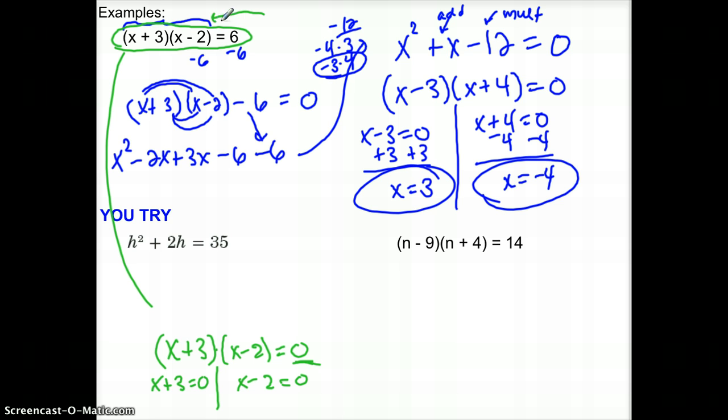You cannot do that up here because to multiply two things to equal 6, it doesn't work like that. You don't have one of them equal to 6 unless the other one equals 1. So that is why you need to move it all equal to 0. That is why you cannot just say x plus 3 equals 6 and x minus 2 equals 6. You have to have it equal to 0 first before you do that.